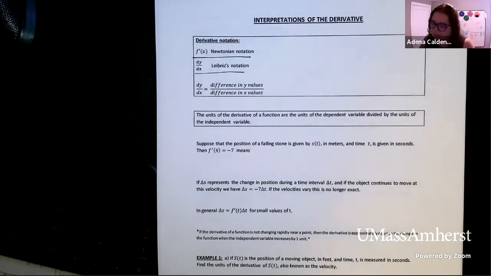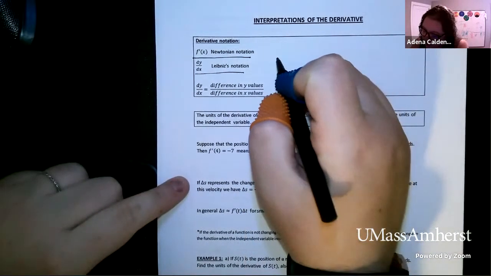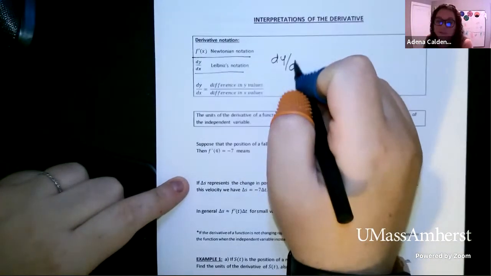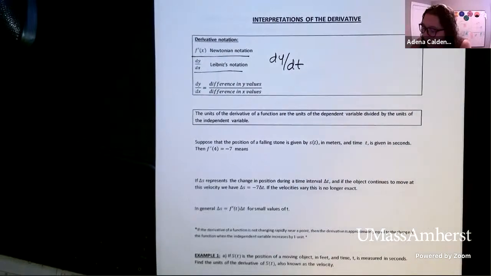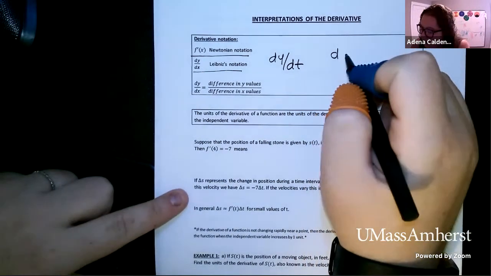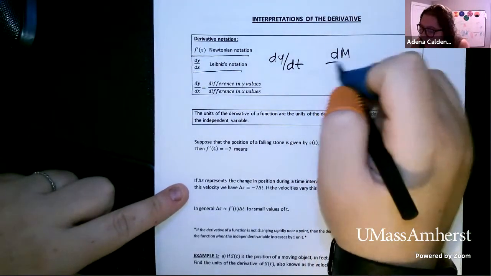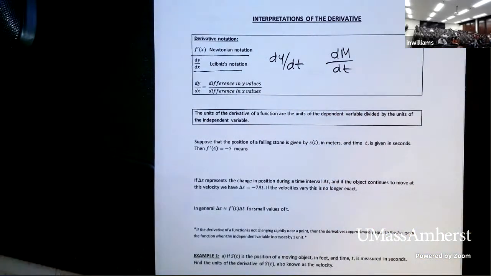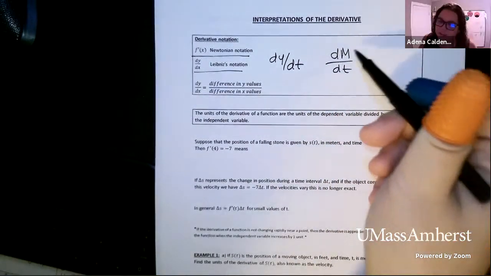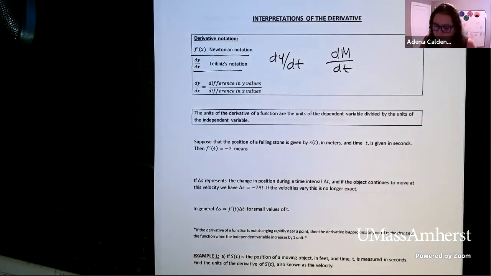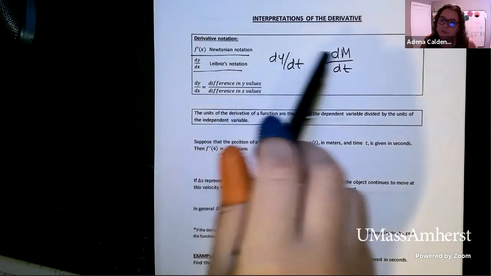So you might see this as dy dt, if t is the independent variable. Or you could have something like dm dt. What that tells me is m was the dependent variable and t was the independent variable. Either way, these all are talking about a first derivative.